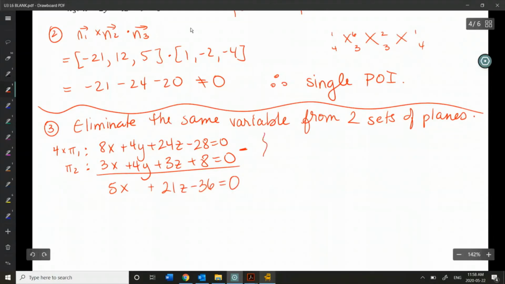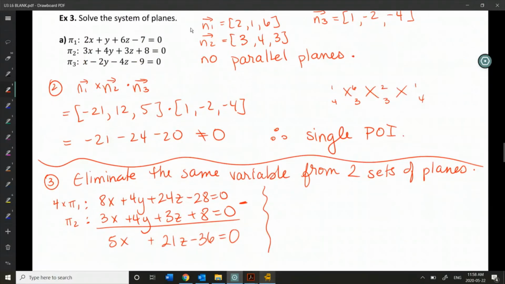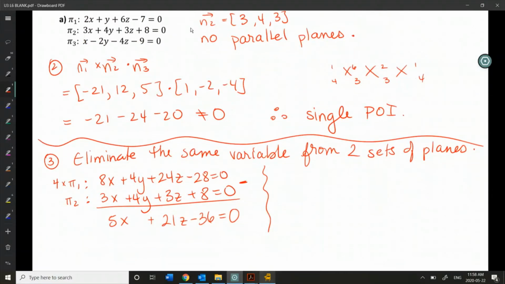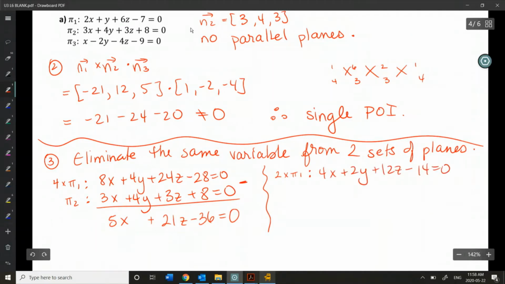So there's one set, and then I'm going to choose a different set. So it can't be plane 1 and plane 2 again. I can do 2 and 3 or 1 and 3. So I think I'm going to use plane 1 and plane 3, and I'm going to multiply plane 1 by 2 in order to make the y's the same. Plane 3 will stay as it is.